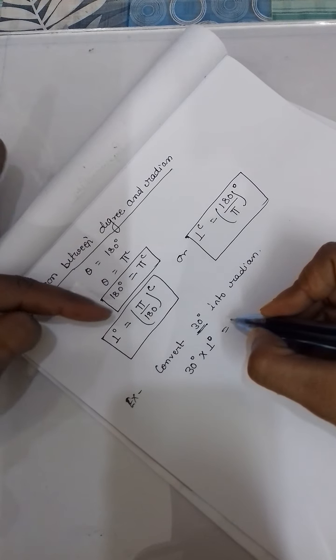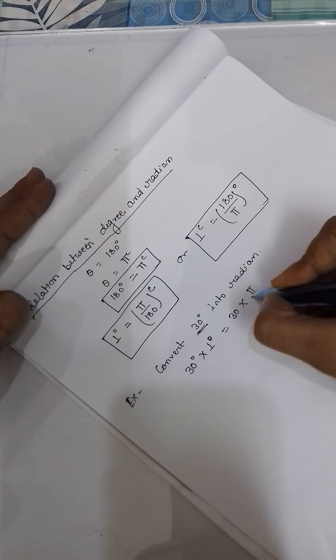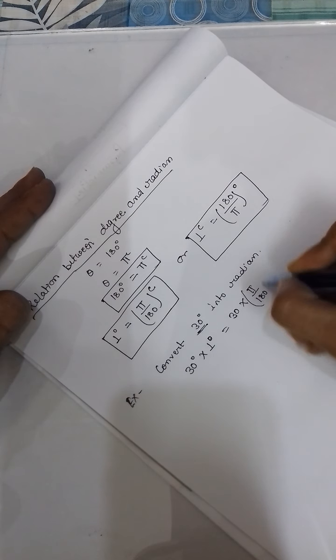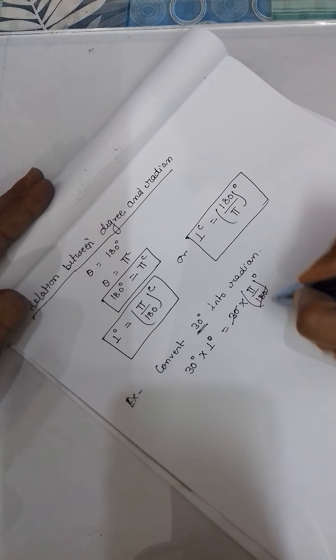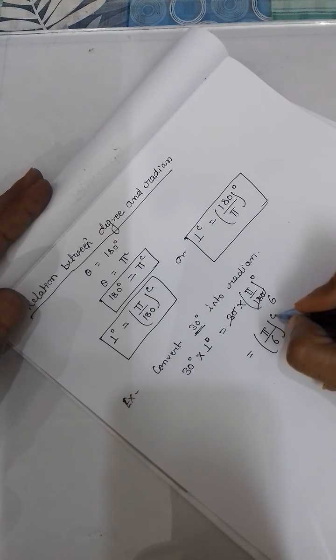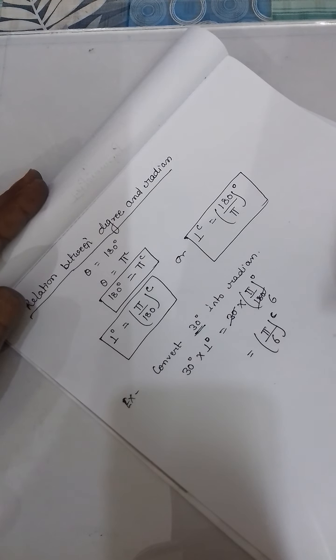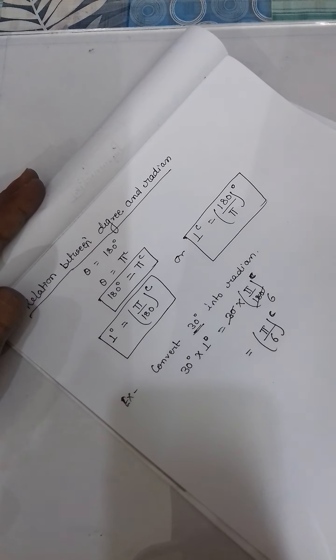Now what is the value of 1 degree here? So 30 degree multiplied by pi upon 180. Now solving, 6 times 30 is 180, it becomes 1, pi upon 6 radian. Okay students, we get pi upon 6 radian. By this way we convert the degree into radian.